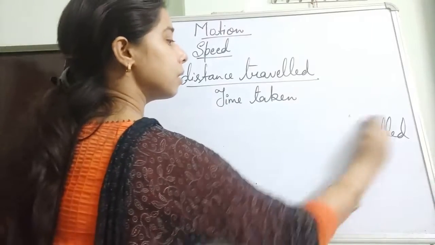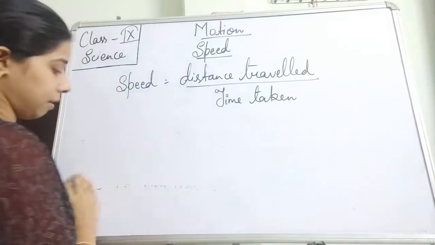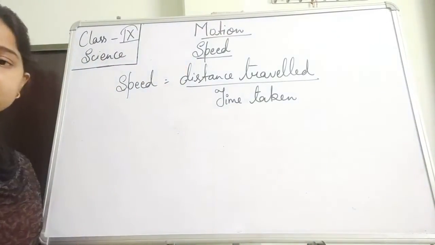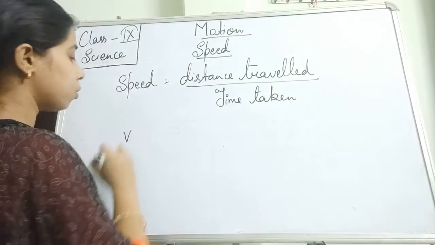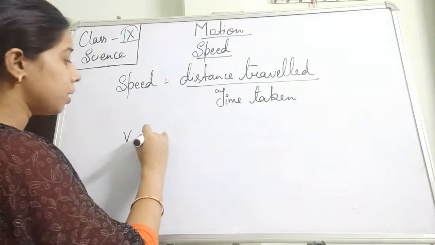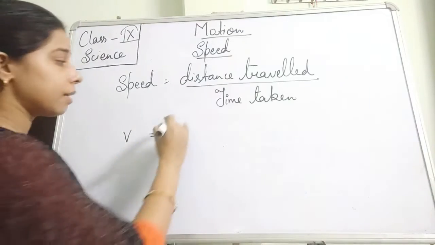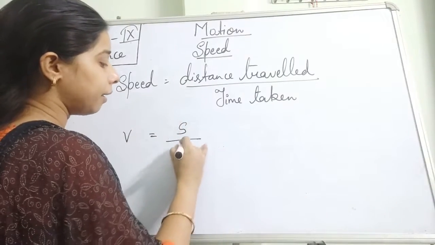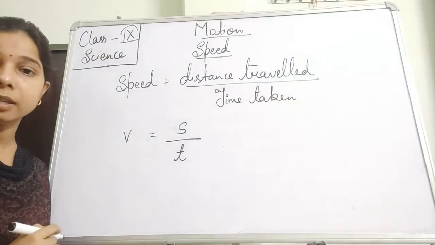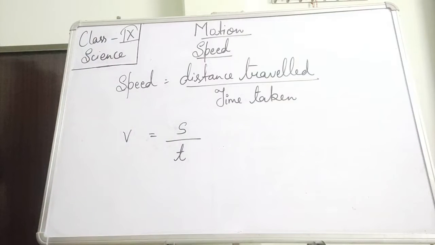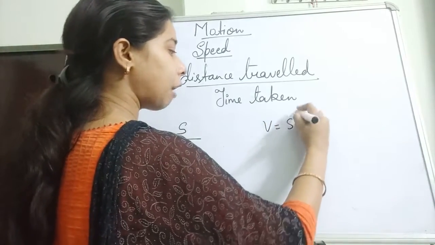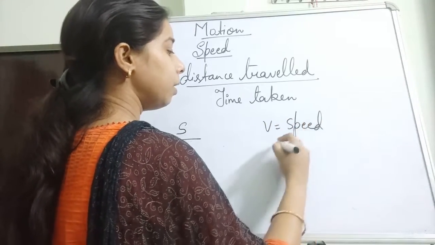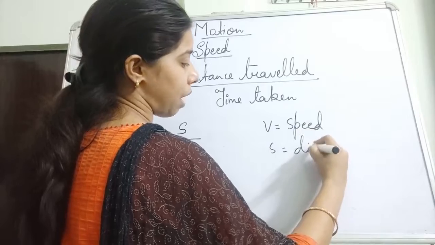Speed is represented by V, which is equal to distance traveled. Distance is represented by S and time is represented by small t. So V is equal to speed upon time, that is, distance upon time. So we can write here that V is what we have considered as speed, and S is equal to distance traveled.